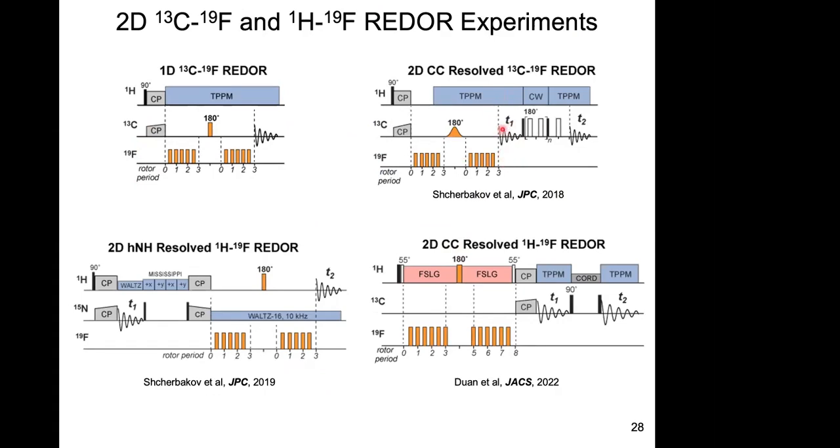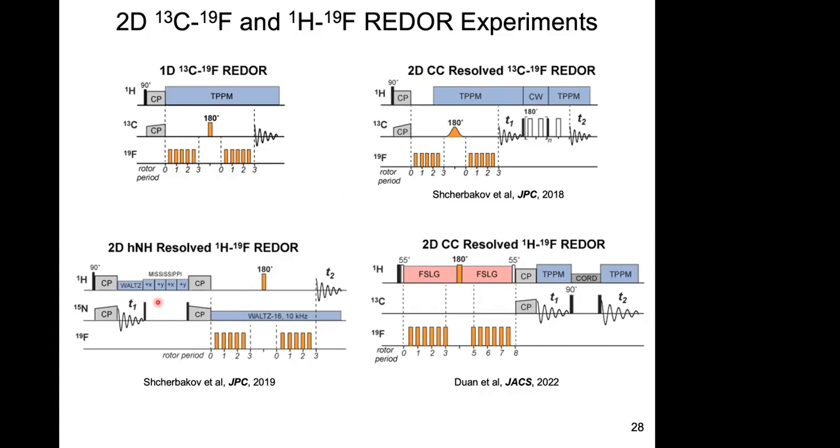So I have this t1, t2, this normal 2D carbon correlation template. But then before I start that, I insert a REDOR module where I have carbon pi pulse, and then I have fluorine. So it's a simple extension of the REDOR concept to multidimensional capability. Again, I always need a control because the T2 relaxation will always happen. So my control would be the case where the fluorine pulses are simply not put out.